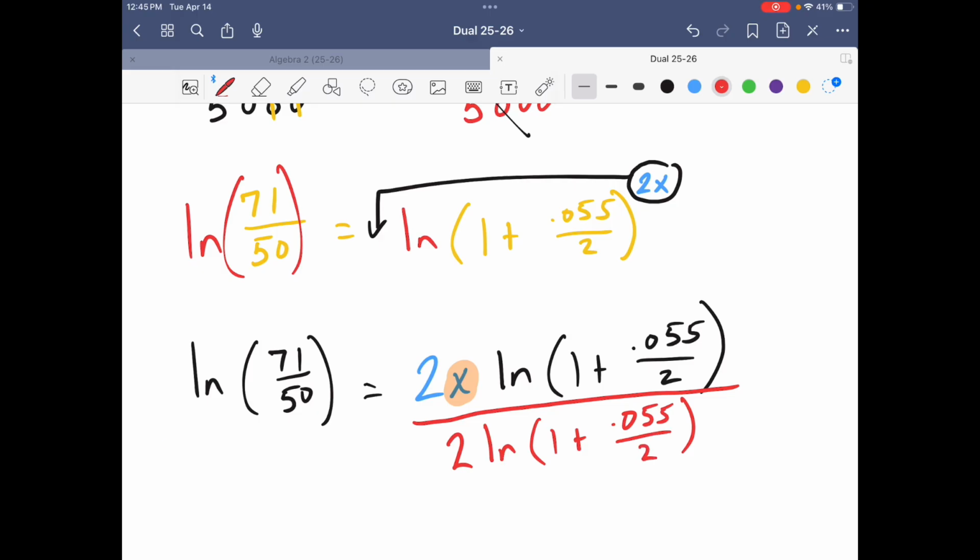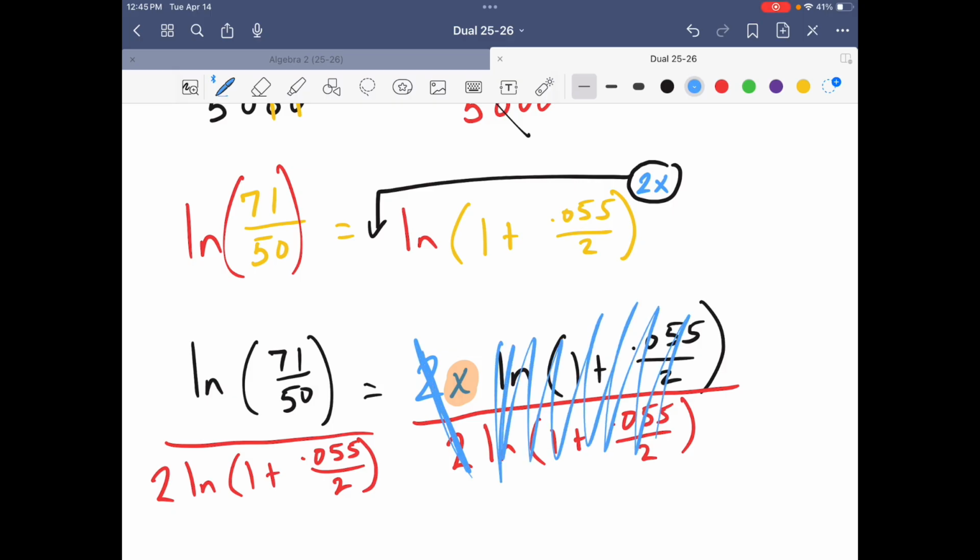I'm going to do it to both sides. See? So these 2 are going to cancel each other, and these ln's are going to cancel also. That's why x is all by itself. That's why we did that.